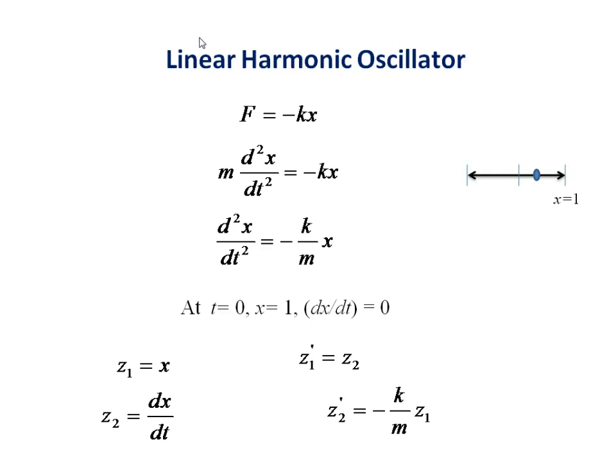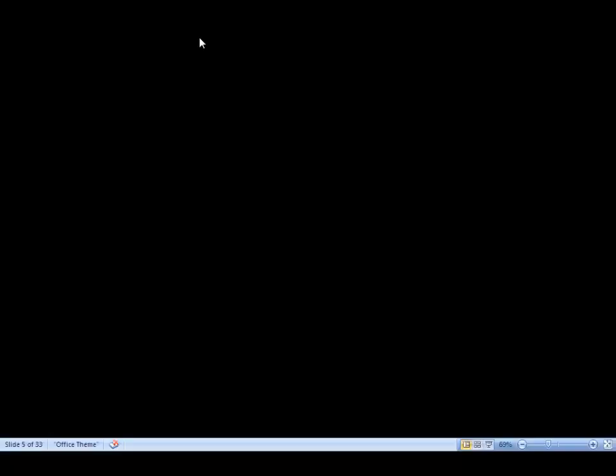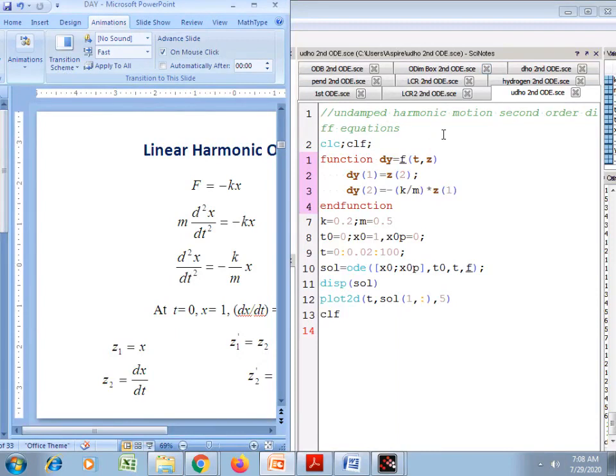Now let's see it in Scilab. This is the code I have written for the undamped harmonic motion of a particle. The code starts with the CLC and CLF commands.